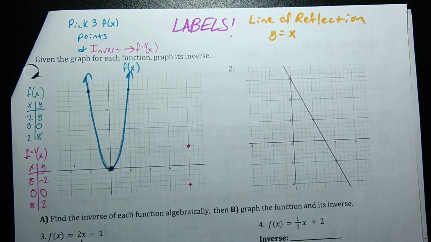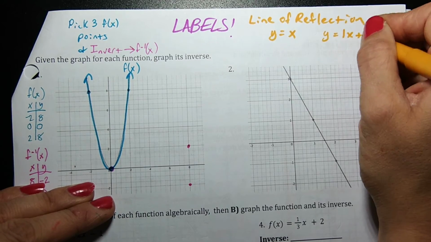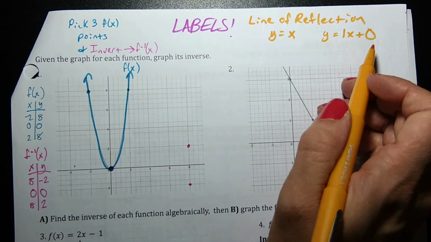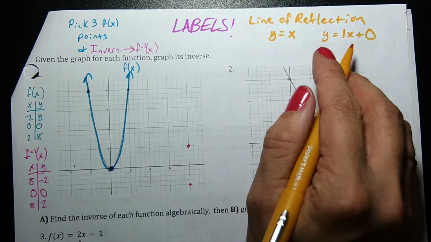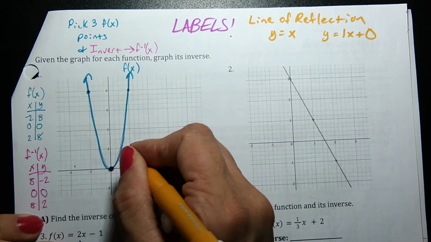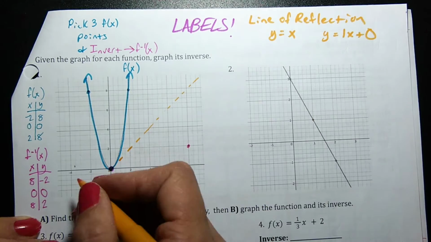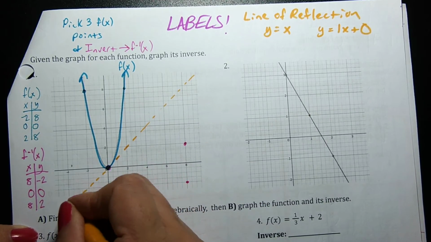We're actually going to draw that line of reflection as a dashed line. This line goes through 0, 0, because that's its y-intercept, and it has a slope of 1 over 1. So here's 0, 0, here's up 1 over 1, up 1 over 1. It's pretty much going to go up through those squares.